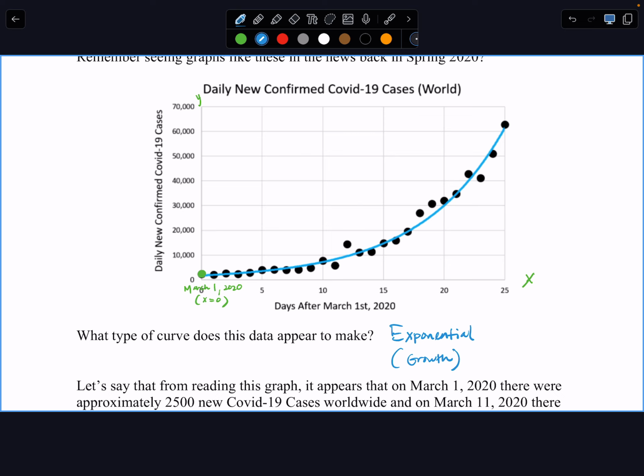Again, not cumulative, not the total number of cases at any one time, but the number of new cases, the number of people that tested positive on a particular day.